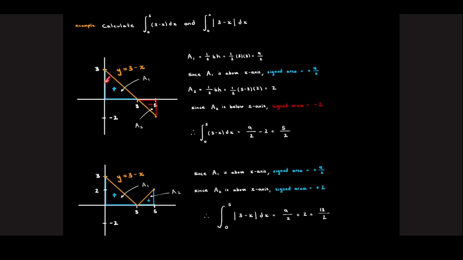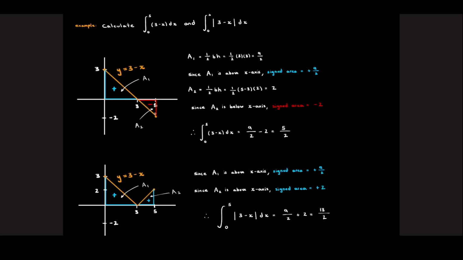The first region is just a triangle whose base is 3 and height is also 3. So by the area of a triangle formula, the area of this region is just going to be 1/2 times 9, so 9 halves. And since this region lies above the x-axis, in terms of signed area, it's going to be positive 9/2.